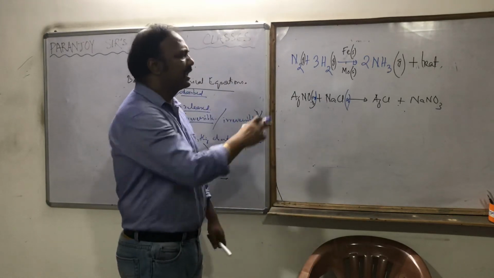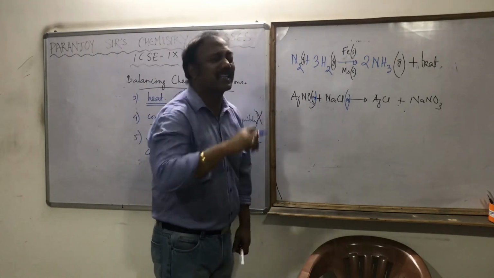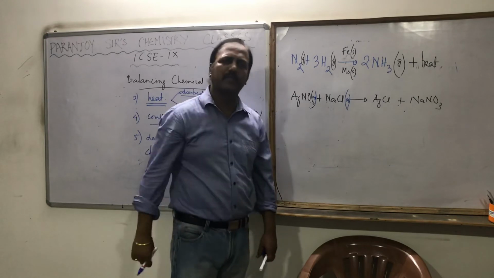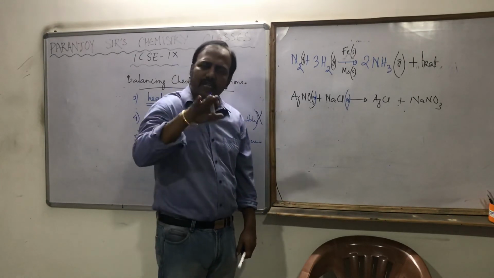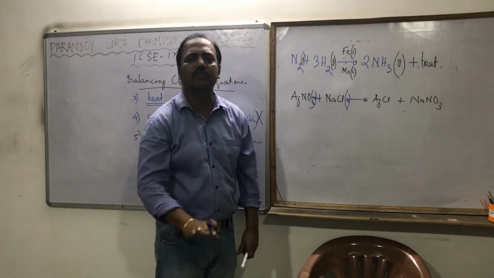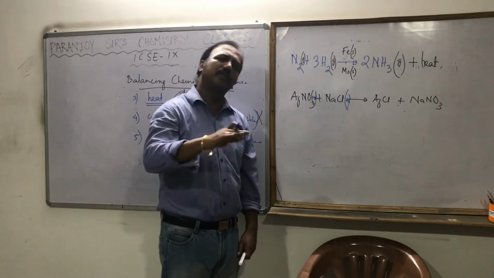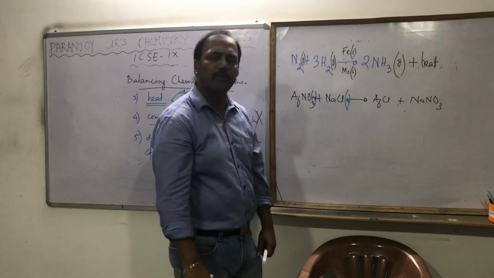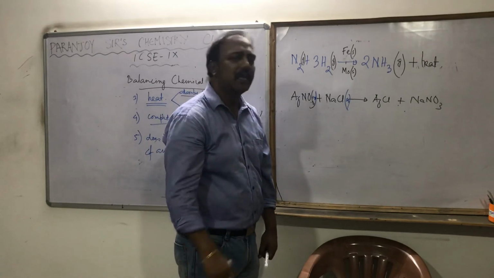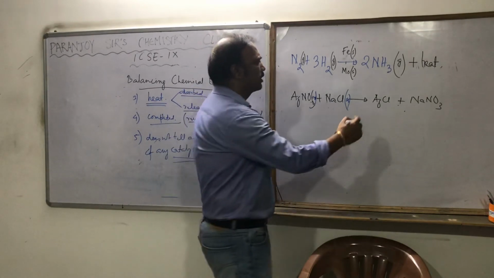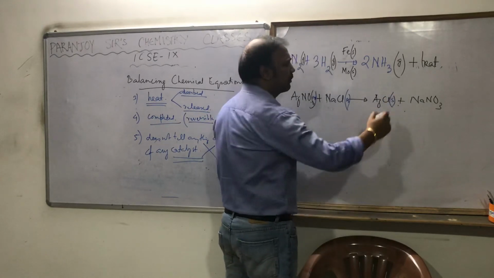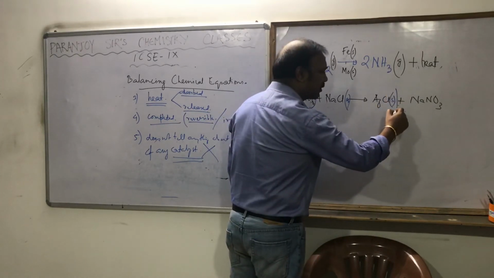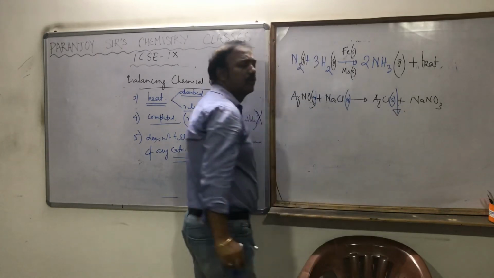Whenever we added them, the silver chloride is precipitated. We call it precipitated, meaning 2 liquids we added and a solid is produced and it is settling down at the bottom. That is called precipitation. If a solid is produced, obviously that solid will settle down at the bottom of the liquid. So this is a solid and this is precipitated. That precipitation is denoted by a downward arrow.